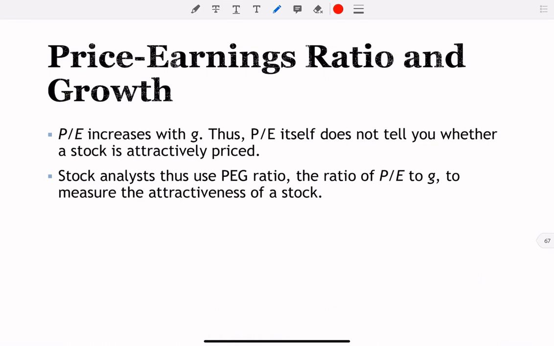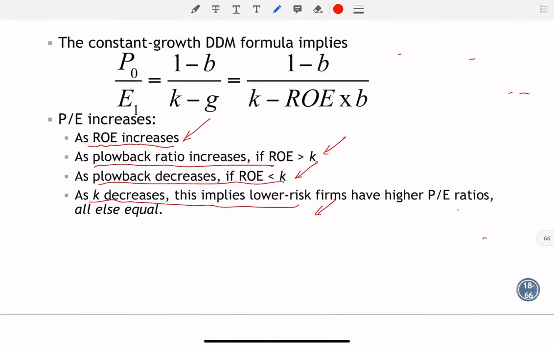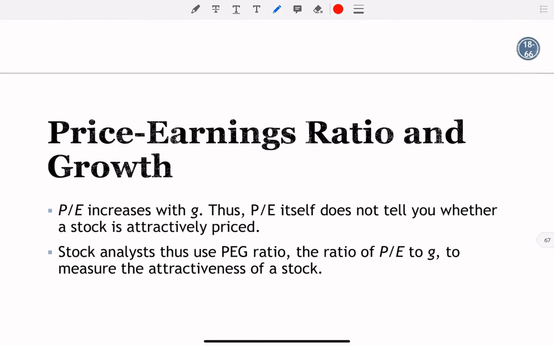Okay, now let's think about the drawback of PE ratio. According to the dividend discount model, you can see that as G increases, P increases.